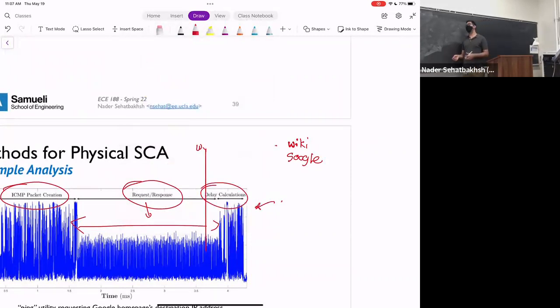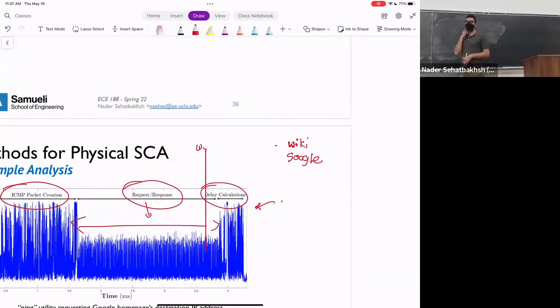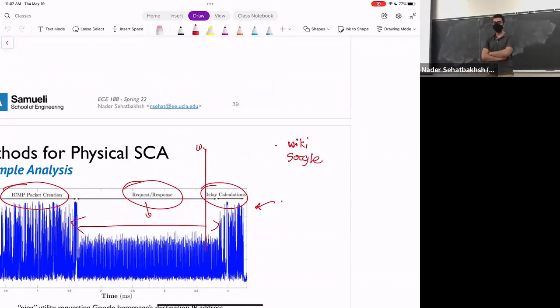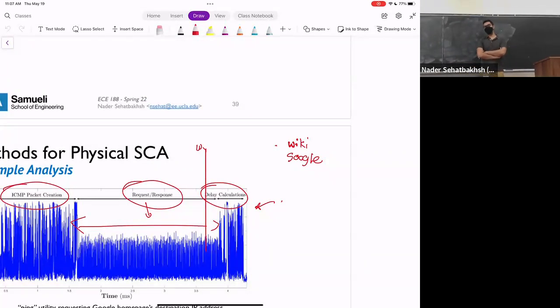The next time I access any of these websites, I can just look at the pattern and tell which website I accessed. Going back to the coffee shop attacker, the hacker can just sit there collecting the signals from your system and tell which website you're using.